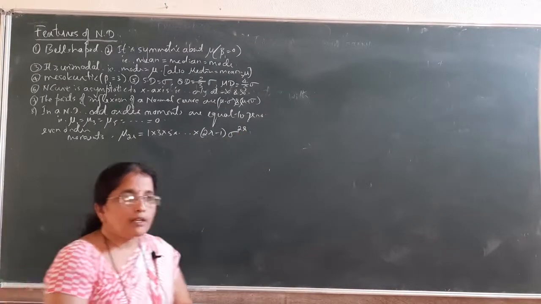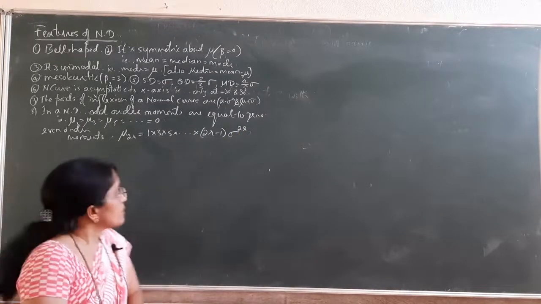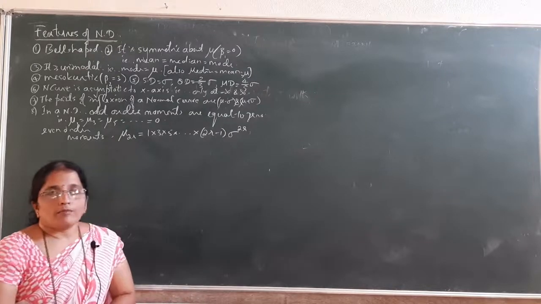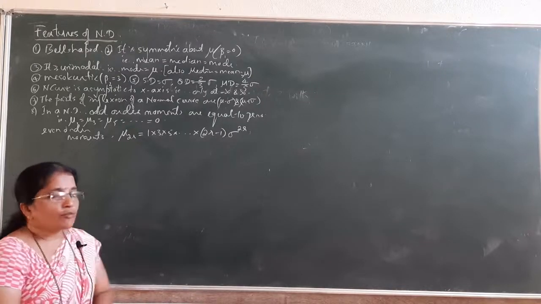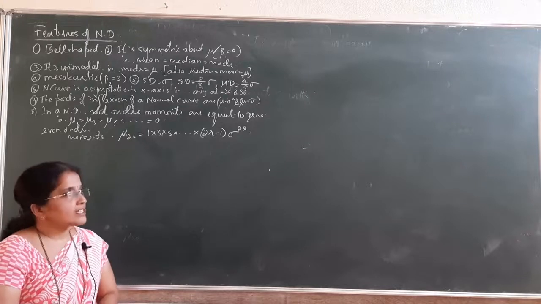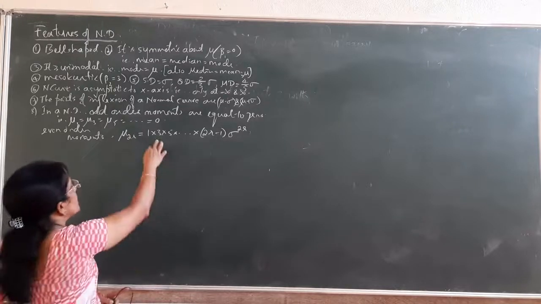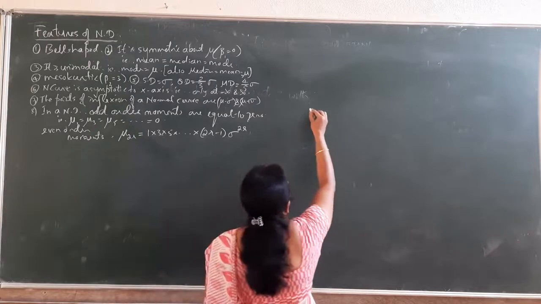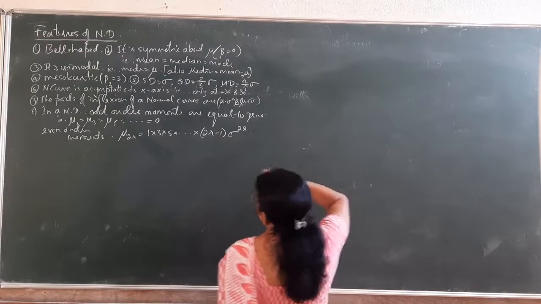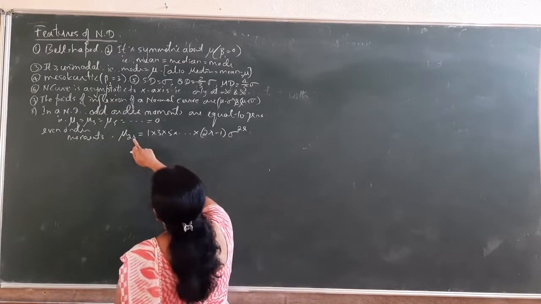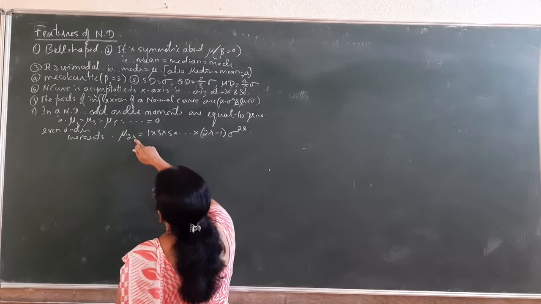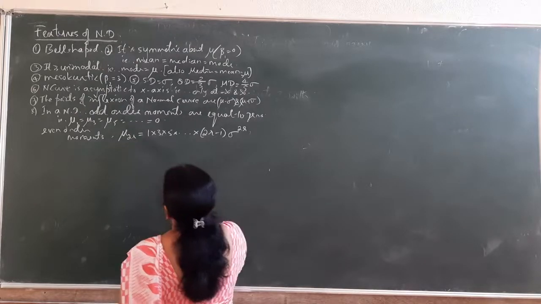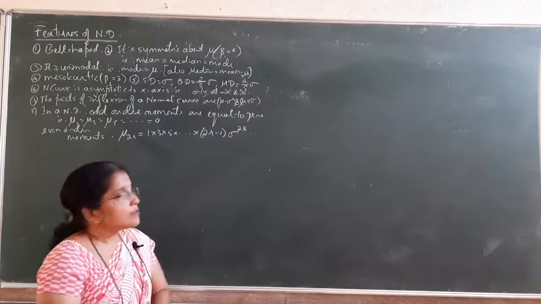This is the formula to use to find the even order moments. That is, the values of mu2, mu4, mu6 etc. can be calculated with the help of this formula. By substituting different values for r, that is r equal to 1, 2, 3 and so on, we can find the even order moments.